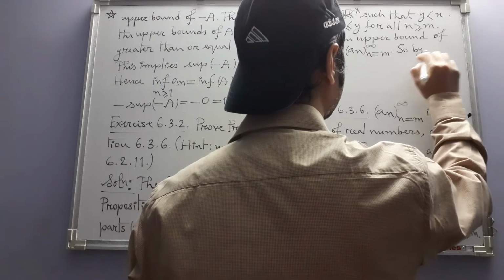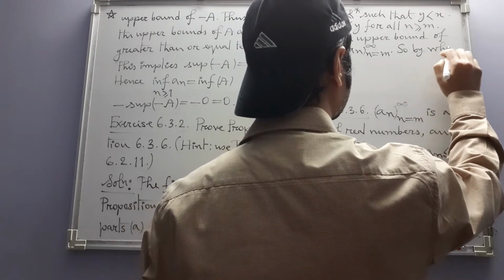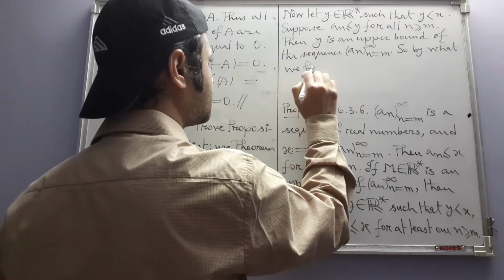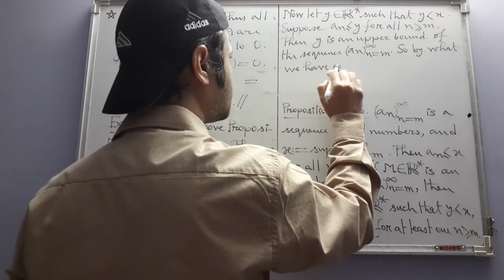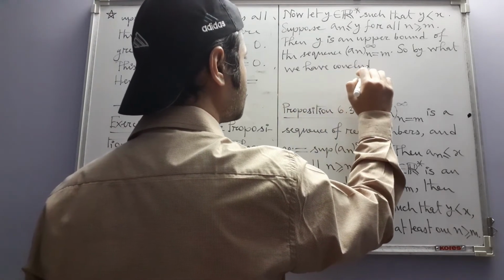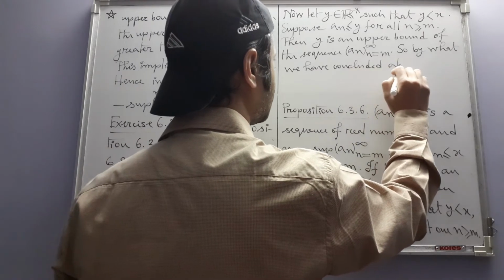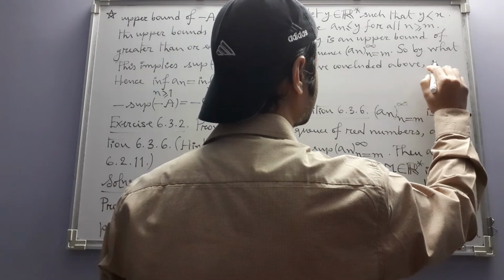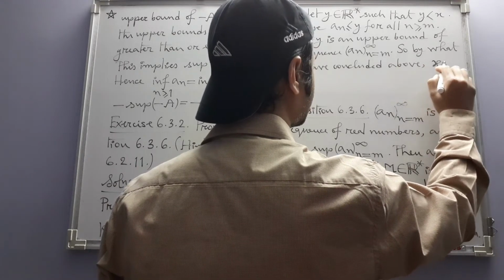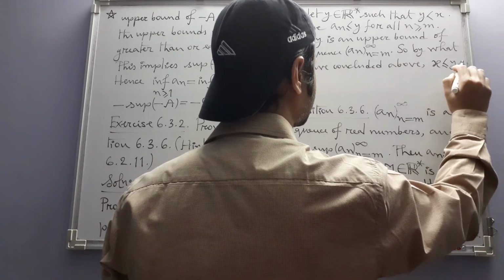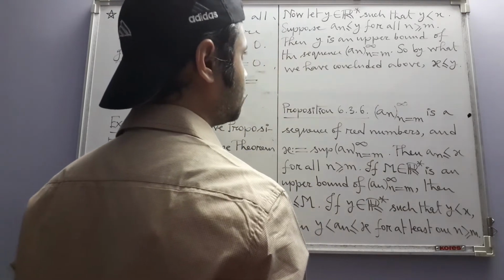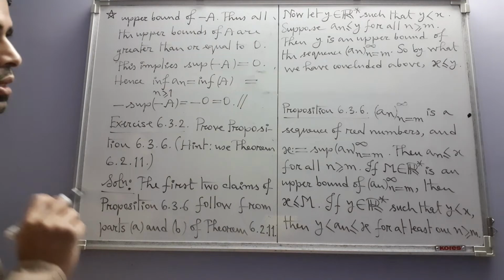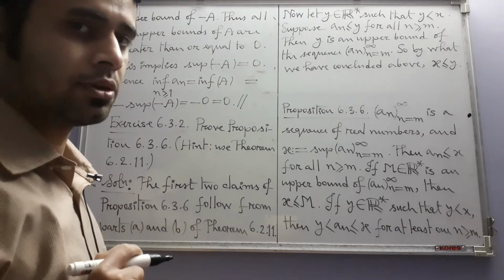So by what we have concluded above, x must be less than or equal to y. But we already have y less than x, and this is a contradiction. But what is being contradicted?